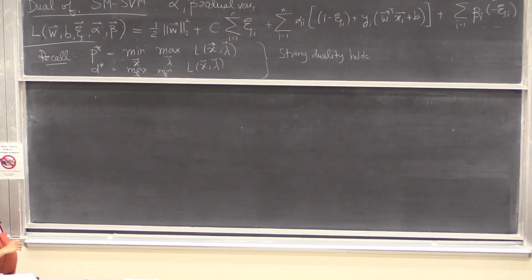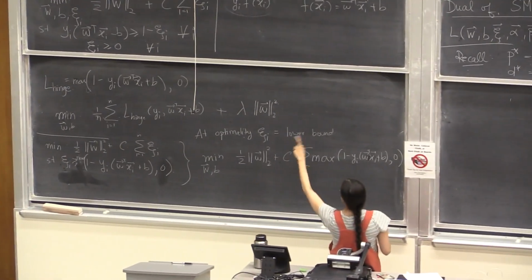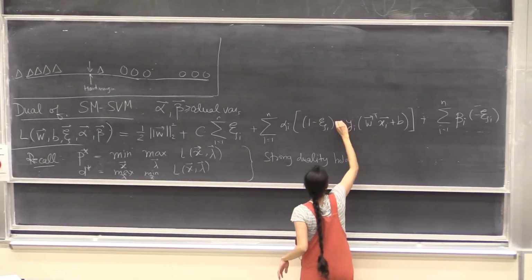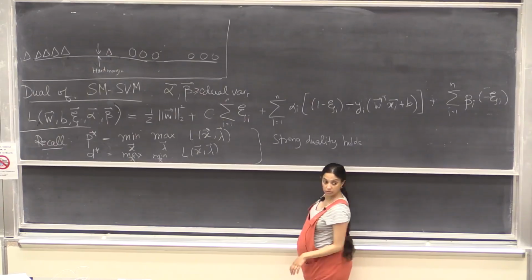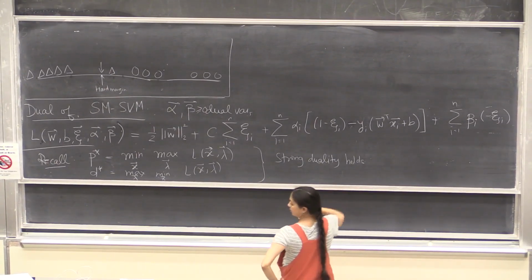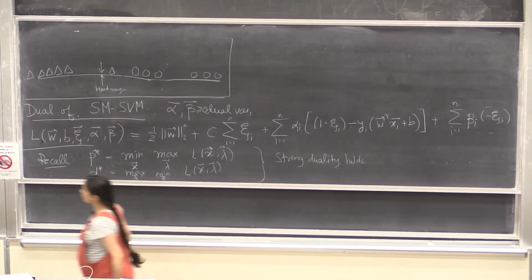Okay? Did I get a sign wrong? So I want to have 1 minus psi i minus yi times w transpose xi minus b.